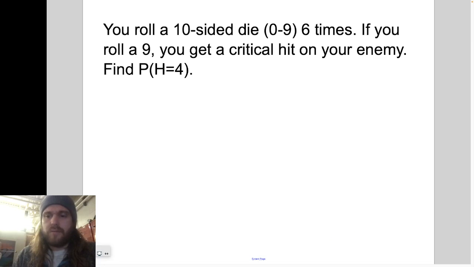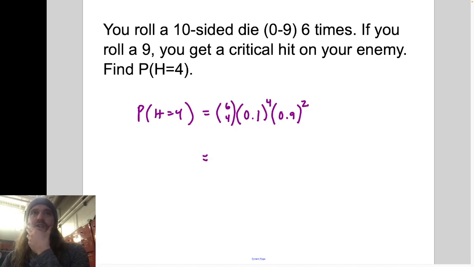So here we go. Give it a try. Pause this video and then give it a try as a class. Okay, here's the start. Here's the setup. It should be 6 choose 4. You're looking for 4 critical hits. You're rolling the die 6 times. You want 4 9s in some order, right? 4 9s, and so that would be 4 critical hits, and then you're going to have 2 misses.